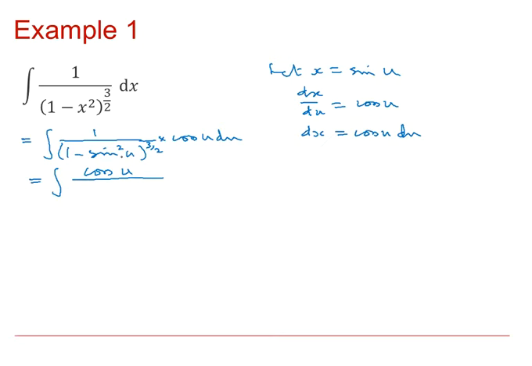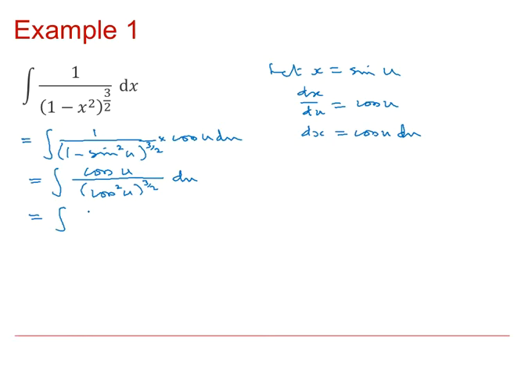1 minus sine squared u, inside that bracket, is cos squared. So that denominator becomes cos squared u to the power 3 over 2 du. So it's already looking much better. Cos squared u to the power a half is cos u, and when we cube it, we get cos cubed u.